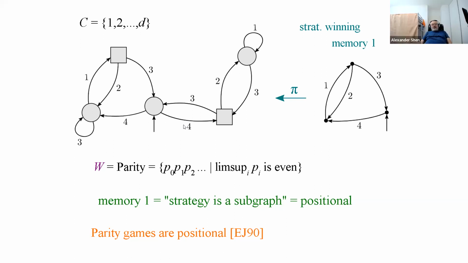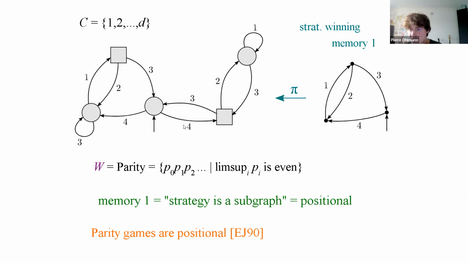So the only thing that matters is the cycle. What I want to understand is whether we can prove that parity games are positional using the same result for mean-payoff.